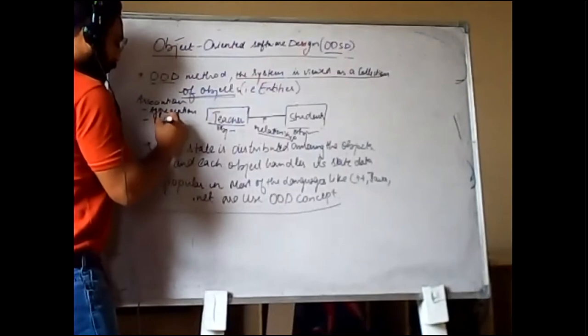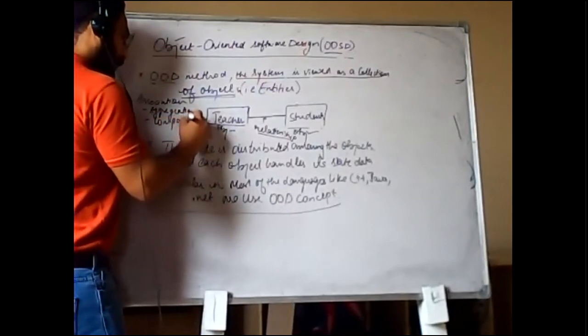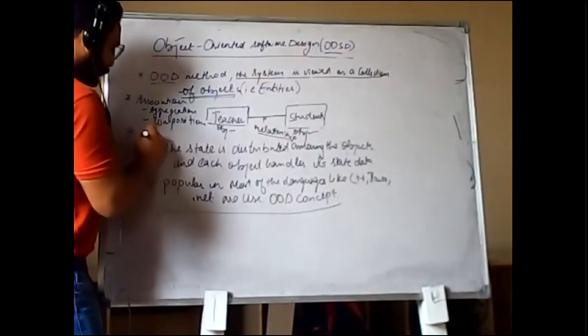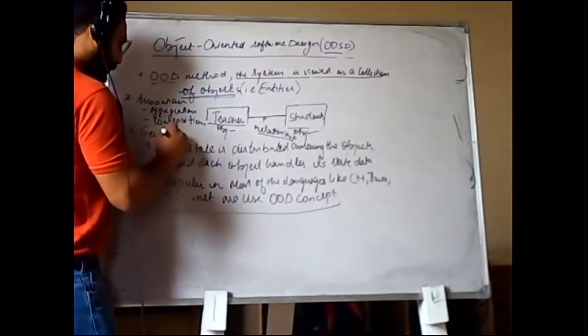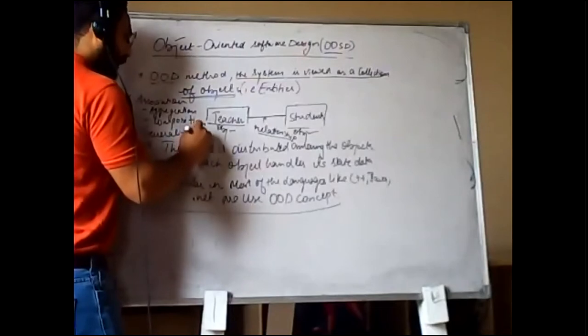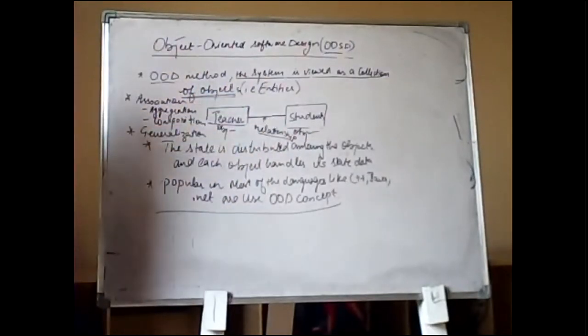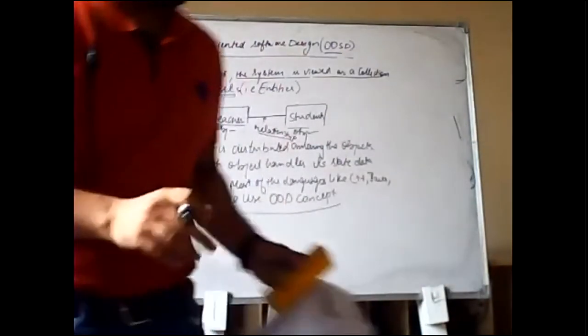Further, there is a composition, and there is also a generalization. These are the relations that we have to mention in our different objects as well as in a class.